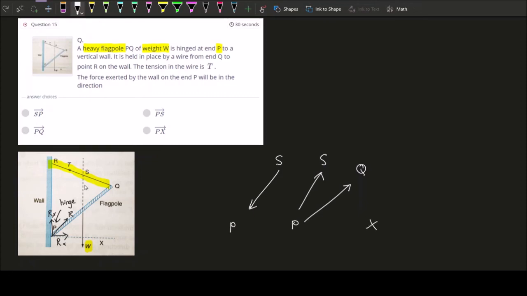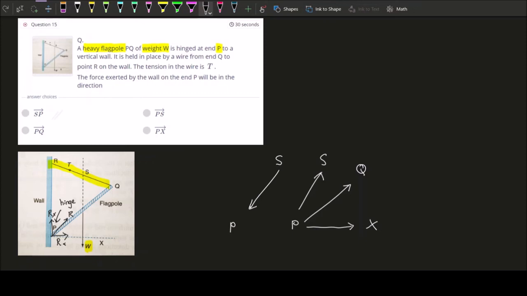Lastly, P to X. P to X is over here. Well, it shouldn't make sense because you need to have a Y component as well. So this one is wrong. So we can single out SP and PX. So we are left with PQ and PS. Okay, so which one will be the correct one?